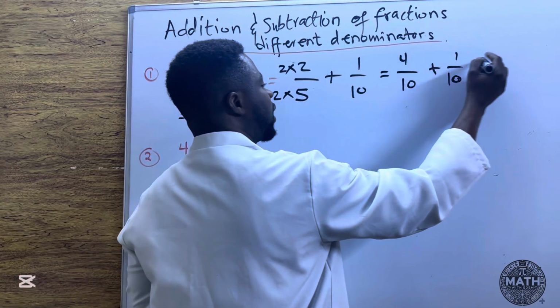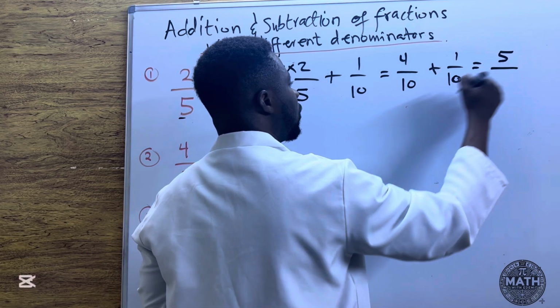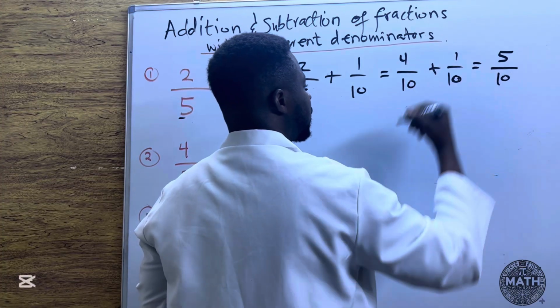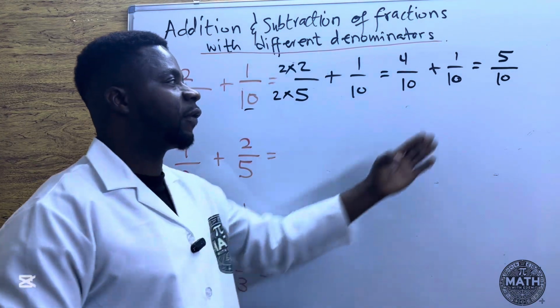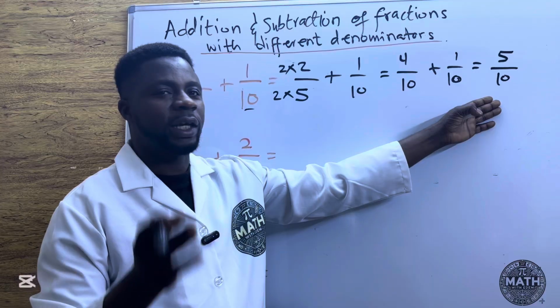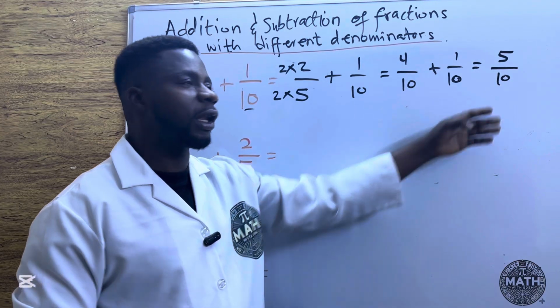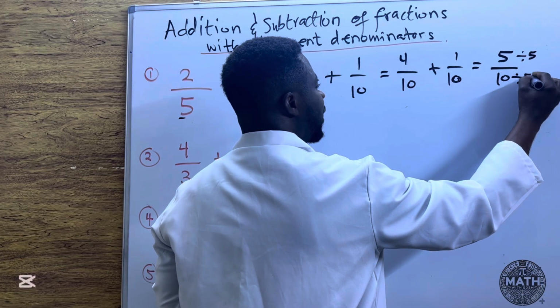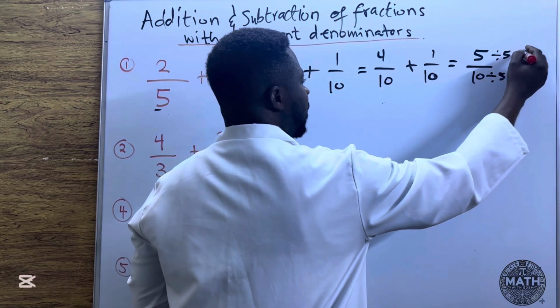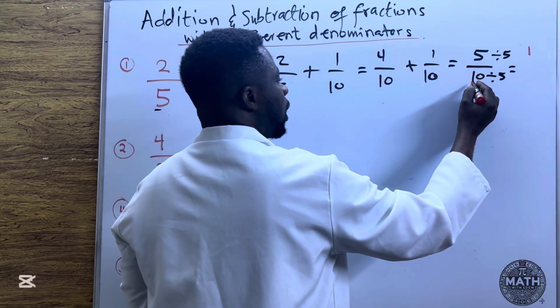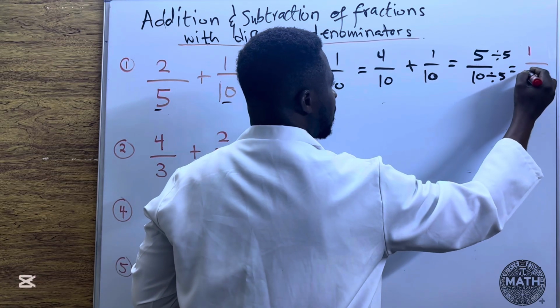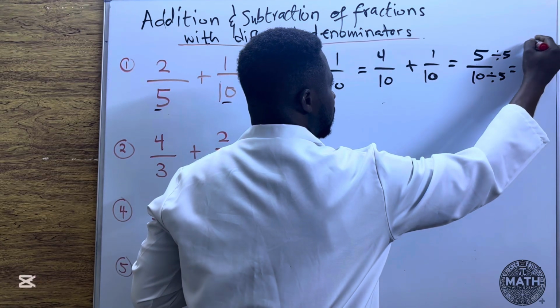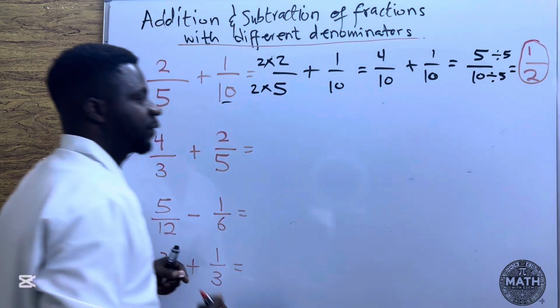So 4 plus 1 gives us 5 over 10. Don't forget that 5 over 10 is big, and we can simplify it to a smaller form. We are going to divide the numerator by 5 and the denominator also by 5. So 5 divided by 5 gives us 1, and then 10 divided by 5 gives us 2. So this is the answer.